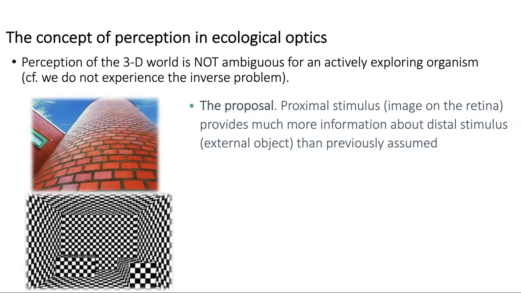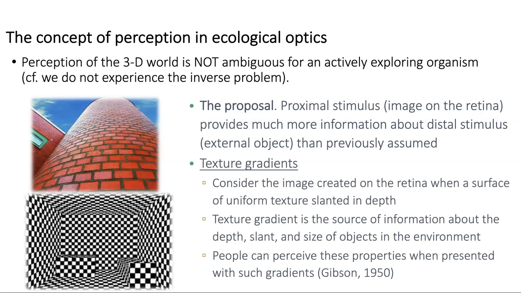So even in simple textures, as you see in this figure on the bottom left, it is full of depth information. So Gibson focused on texture gradients, and he said that all these visual properties like depth, slant, object size, etc., are already available in the environmental stimuli.